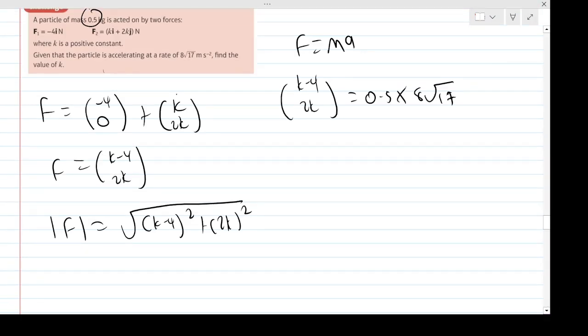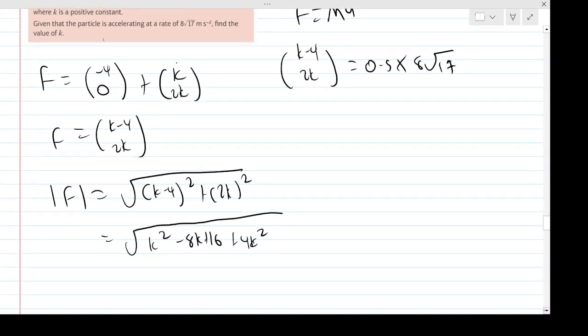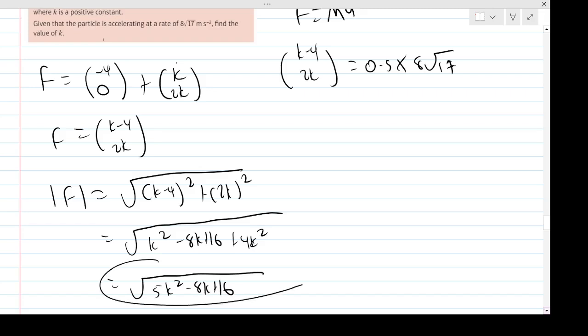So if we simplify inside the root, if we expand the brackets, well, k minus 4 all squared is k squared minus 8k plus 16. Then if we expand 2k all squared, that's going to be 4k squared. If we then simplify inside, we're going to get 5k squared minus 8k plus 16. And there's not much more we can do there. This is what I'm going to use for the force, and this is the length of the magnitude, the size of the force.